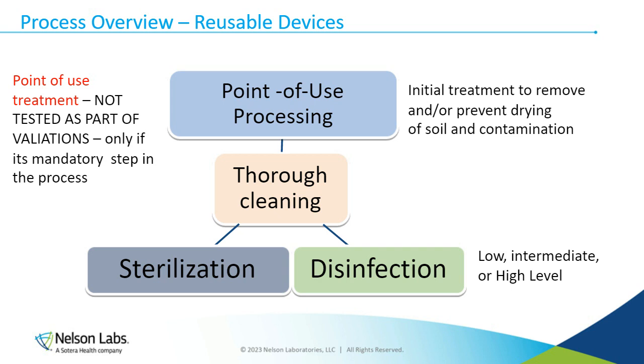And although the instructions for use will say clean immediately, we know that that doesn't happen. So that is always omitted from validations, but thorough cleaning, sterilization, and disinfection are the three pillars of validations when it comes to reprocessing validations.